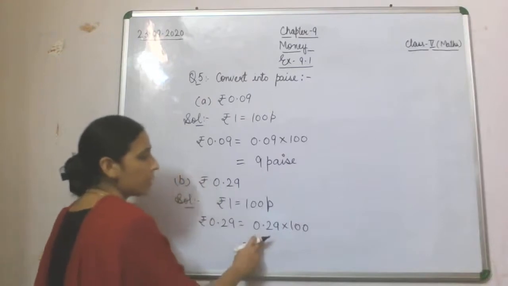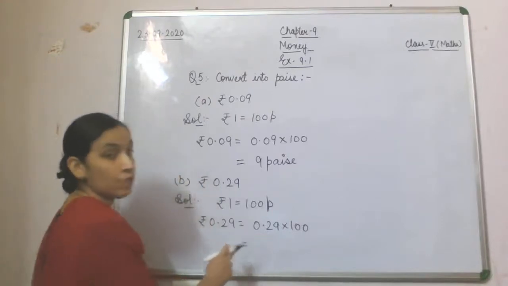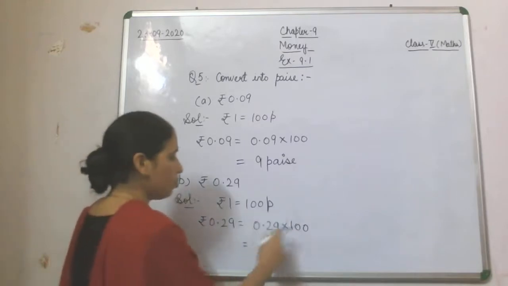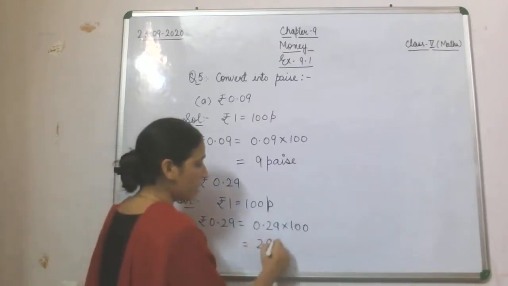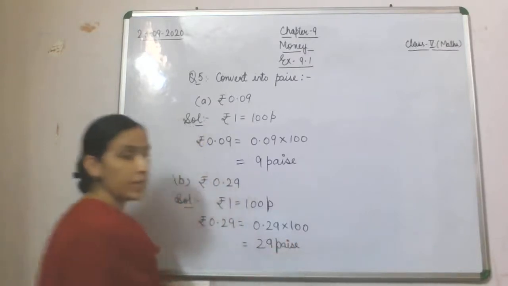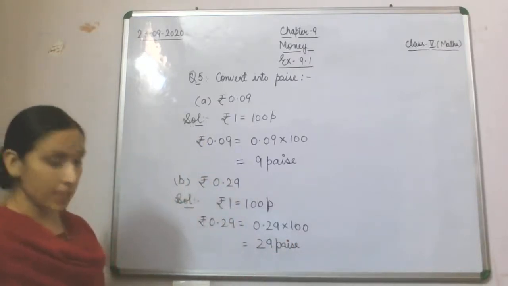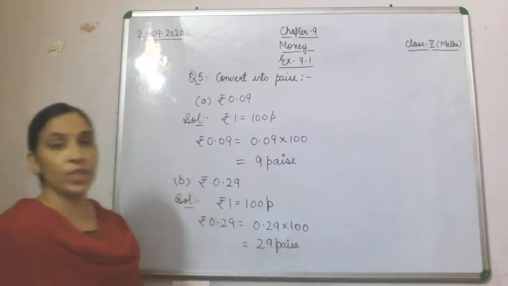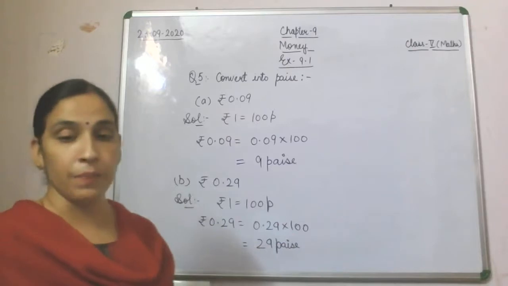Now the decimal will shift how many places towards the right? 2 places, and that will become 29 paise. When we are multiplying it by 100, then automatically we are changing it into paise.